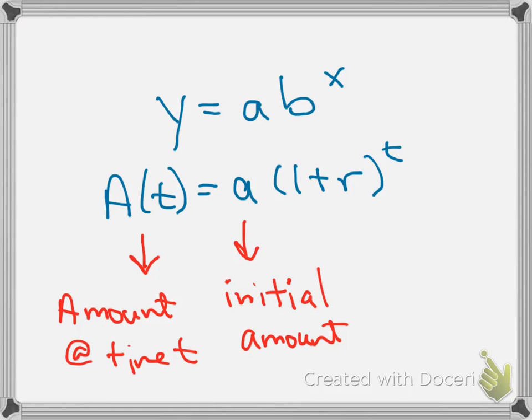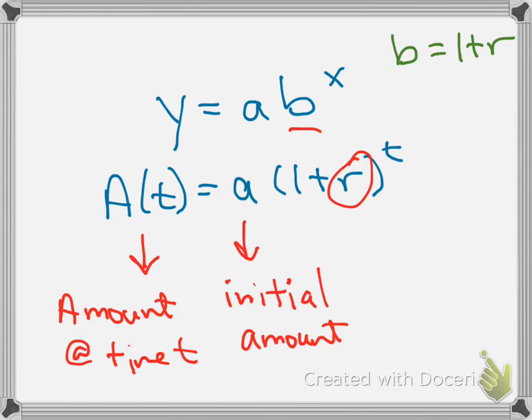Now the biggest change here is the difference between b and this 1 plus r value. But don't let this throw you off, because b really equals 1 plus r. And you can use that relationship anytime you get confused if you need to remind yourself of what's going on here. When we write b as 1 plus r instead, what we're trying to do is talk about the rate of growth or decay, which is what this r value represents.